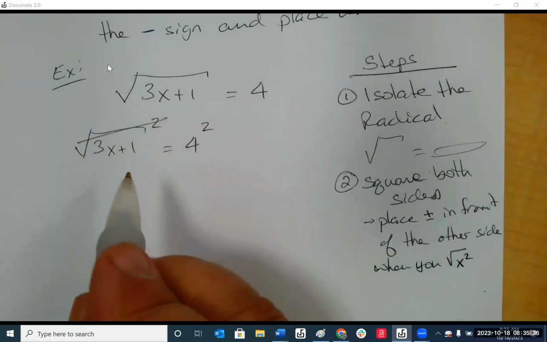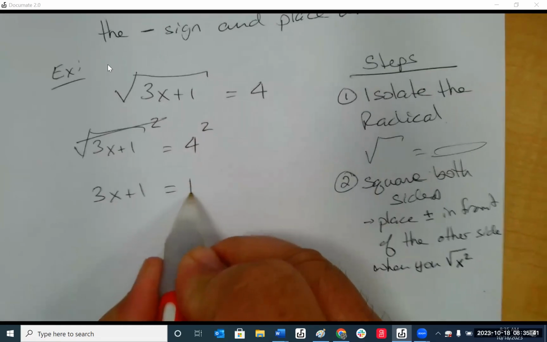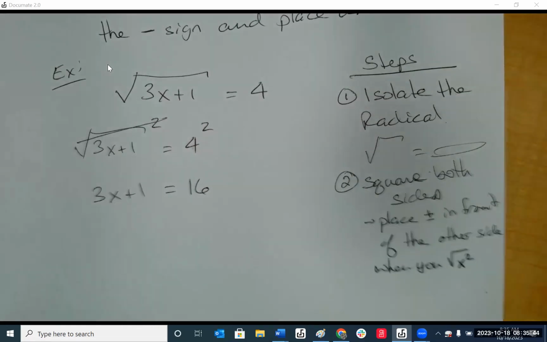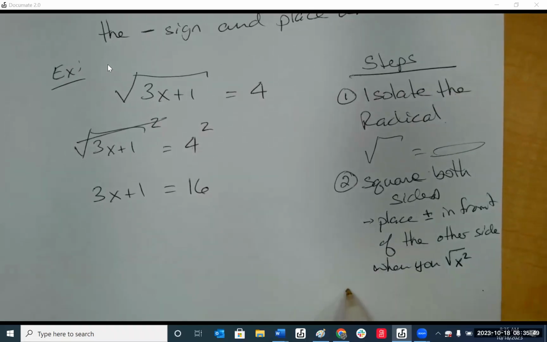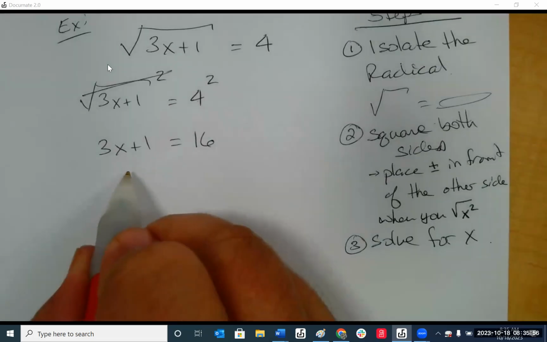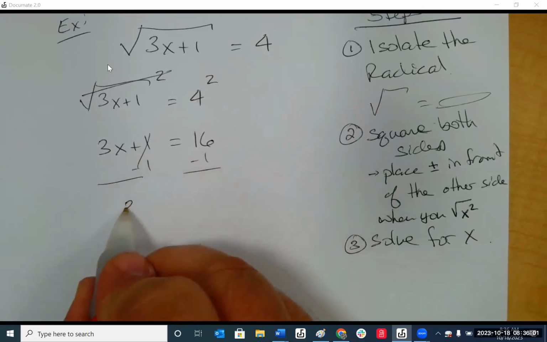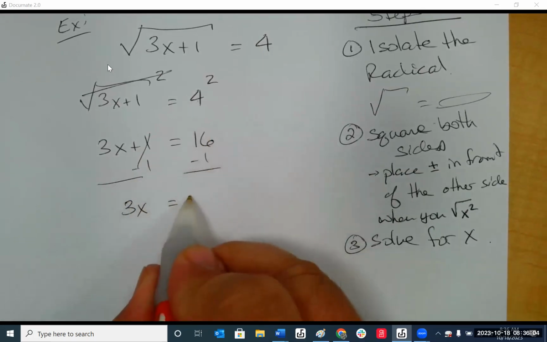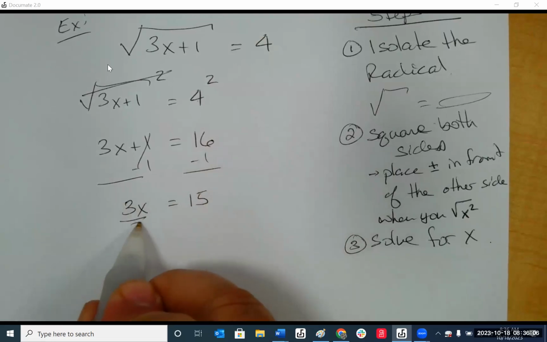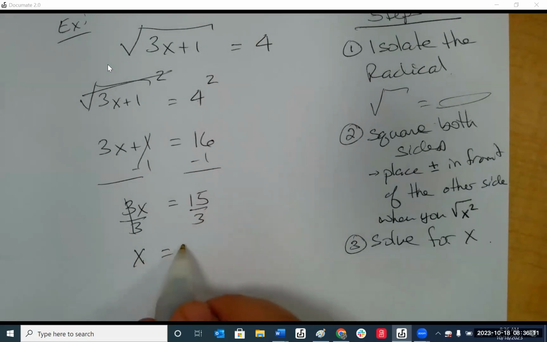So that disappears. So we have 3x plus 1. 4 squared is 4 times 4 is 16. Solve for x. 3x equals 16 minus 1 is 15. 15 divided by 3 is 5.